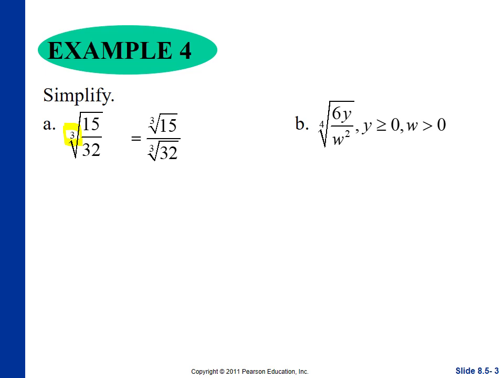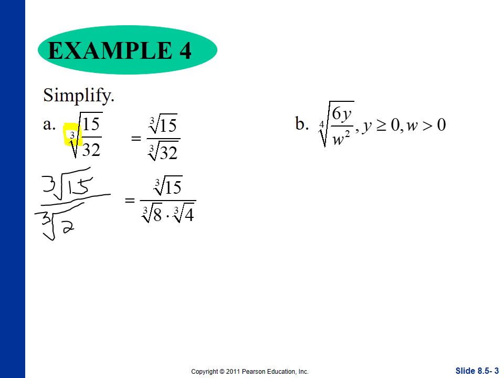Now, we can't do anything about the cube root of 15, but we can do something about the cube root of 32, because this cube root of 32 can be broken up into the cube root of 2 cubed times the cube root of 4, or 2 squared.